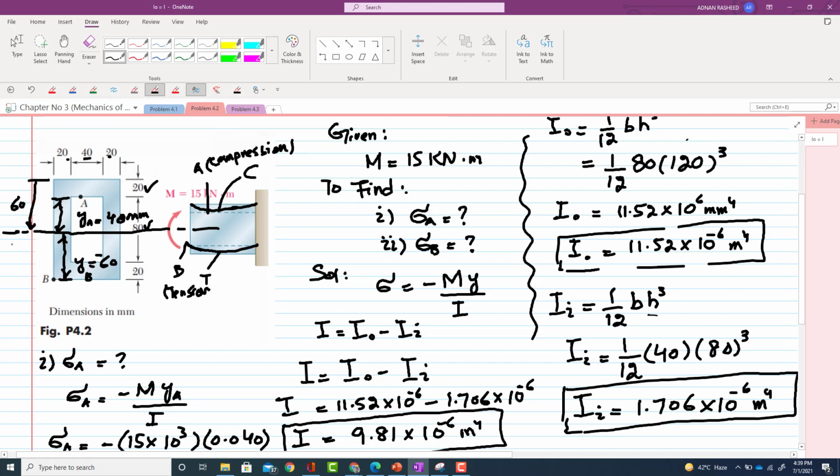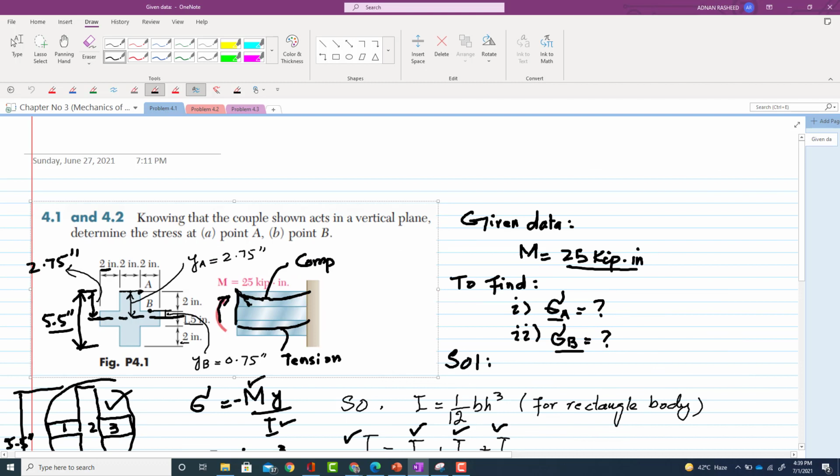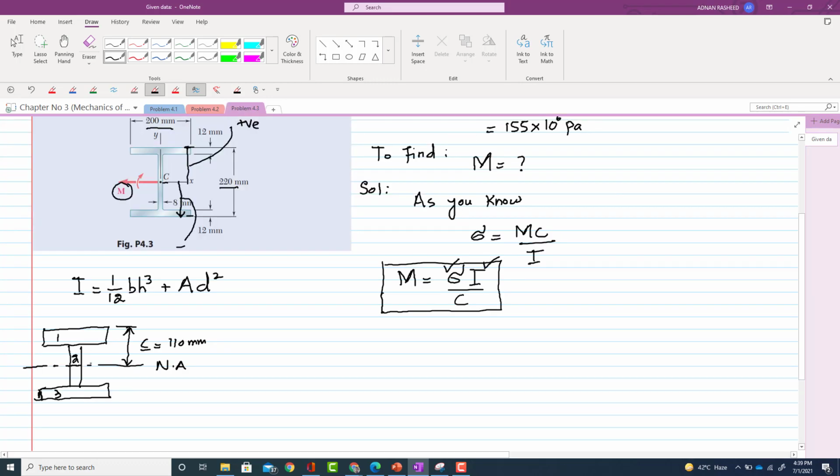Why? Because the centroidal axis was passing through the center of both the rectangles. Similarly, in this problem you can see that the neutral axis is passing through the centroid of the second rectangle, part 2, and this third one. If your centroidal axis or neutral axis is passing through the centroid, D will become 0.